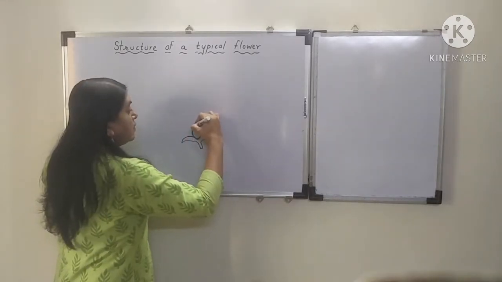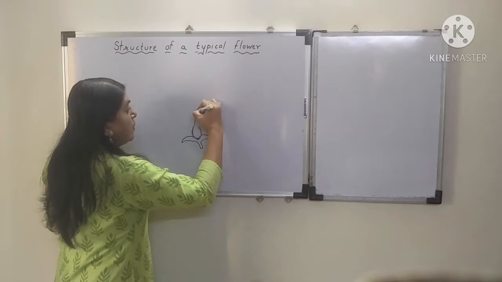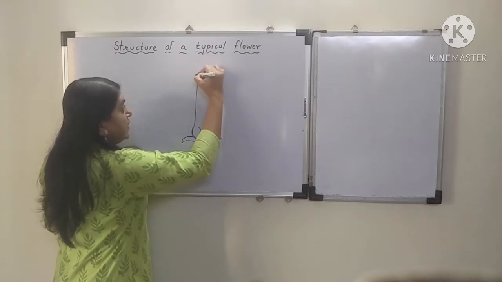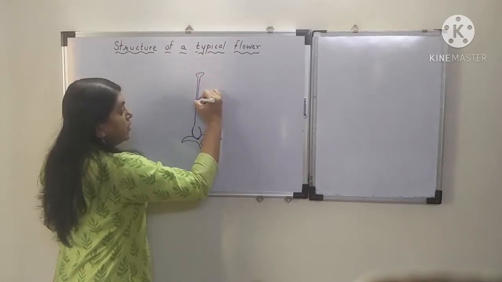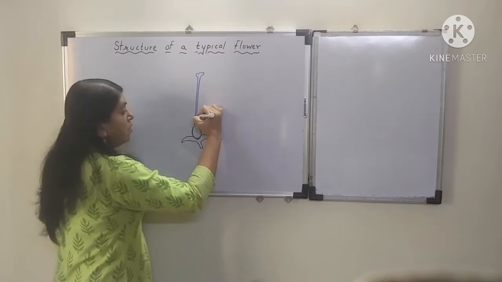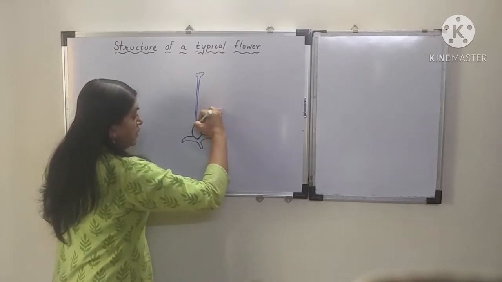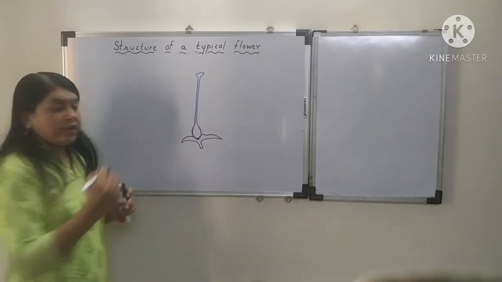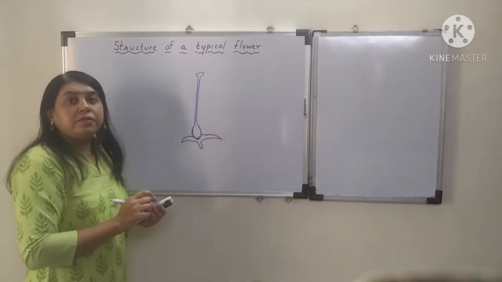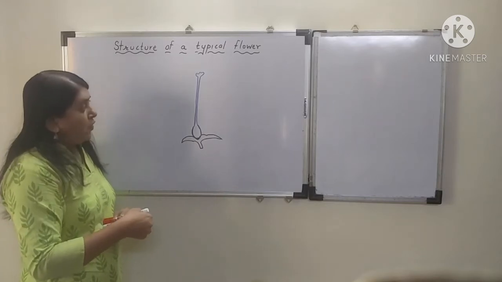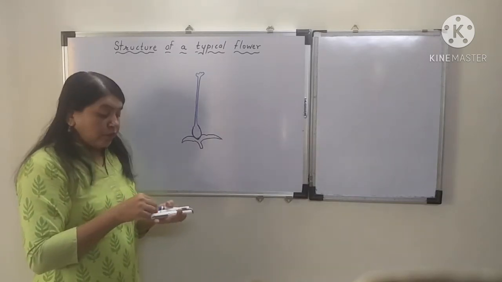And then again two parallel lines extending with a flower-shaped structure on the upper side like this. Alright. Is the image clear? Alright. So this is the stigma of the flower.